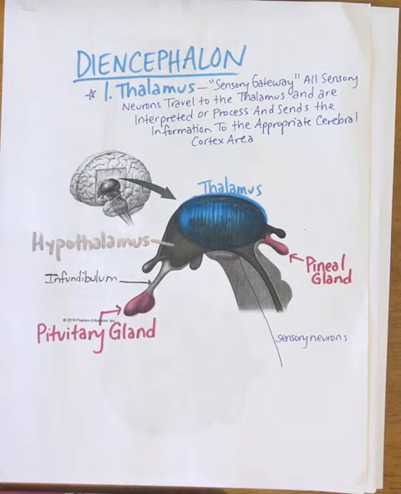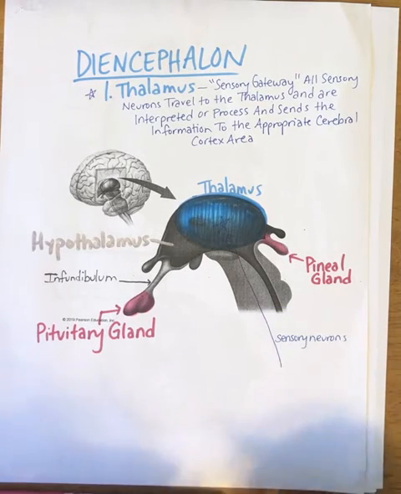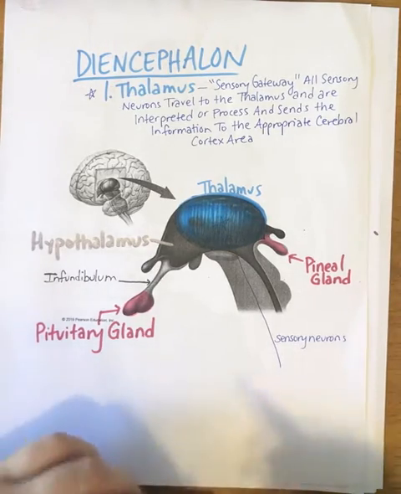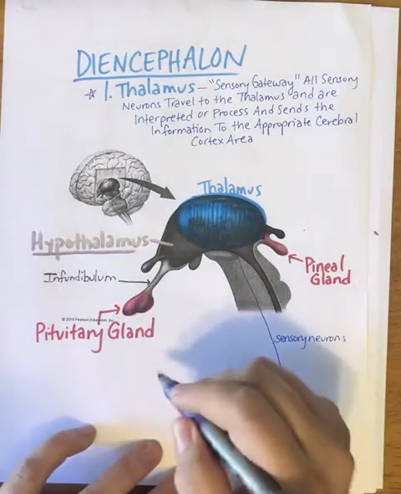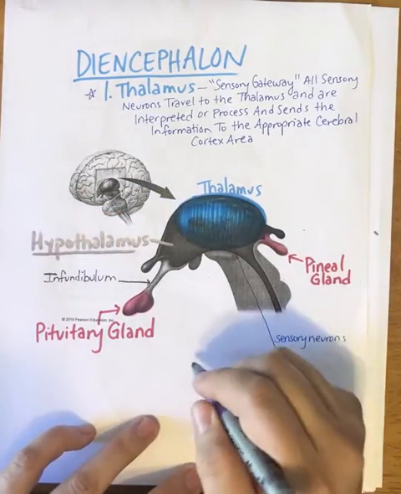So, for hypothalamus, remember homeostasis. The hypothalamus is going to be involved with homeostasis.